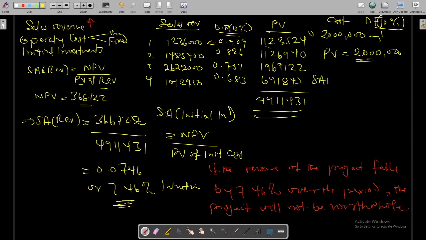Therefore the sensitivity analysis is equal to the NPV, which is 366,722 divided by 2 million.